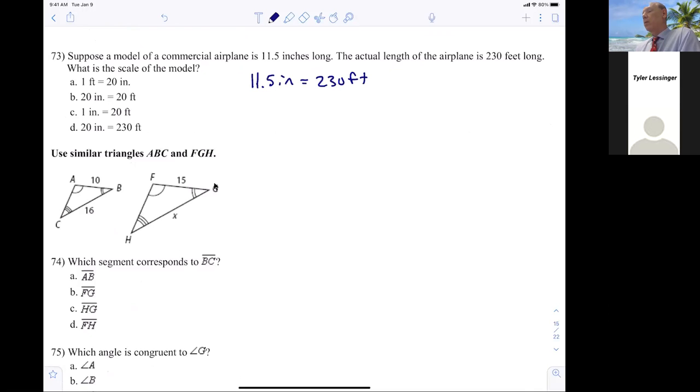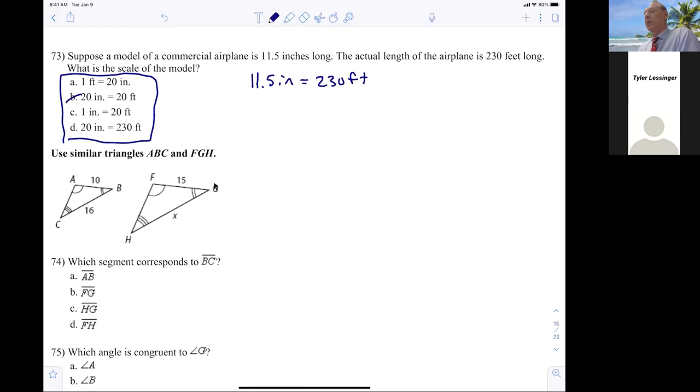Now, over here, you have the actual scale, so you have to be real careful. Let's look at B. Does B make any sense? Does 20 inches equal 20 feet? That doesn't make any sense.